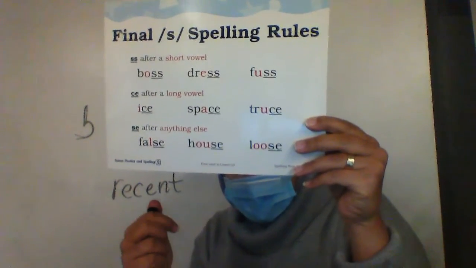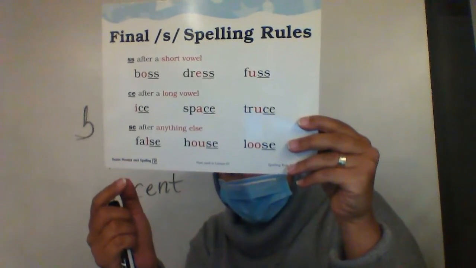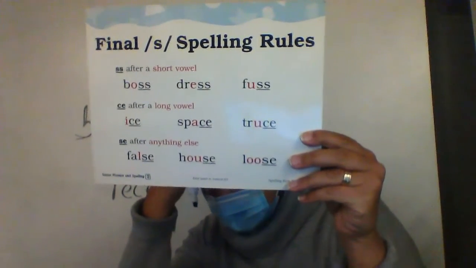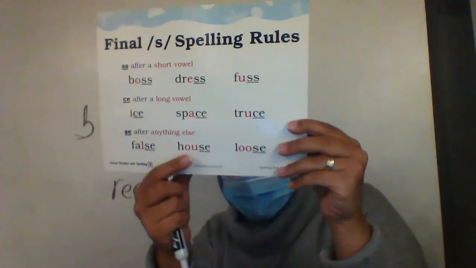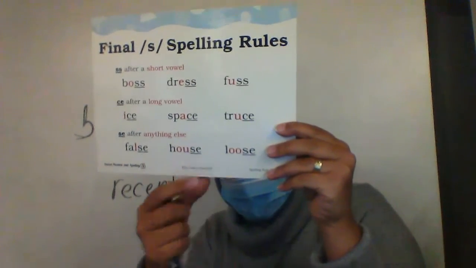And this is the last one: SE after anything else, like false, house, and loose. All right, I am going to hang this up on the wall so you can see it in a little bit.